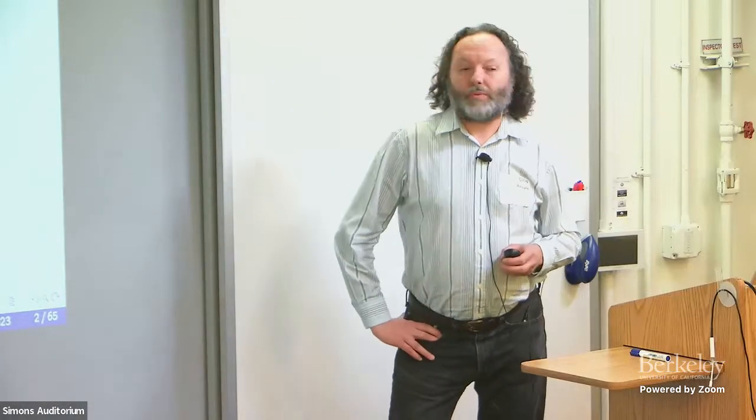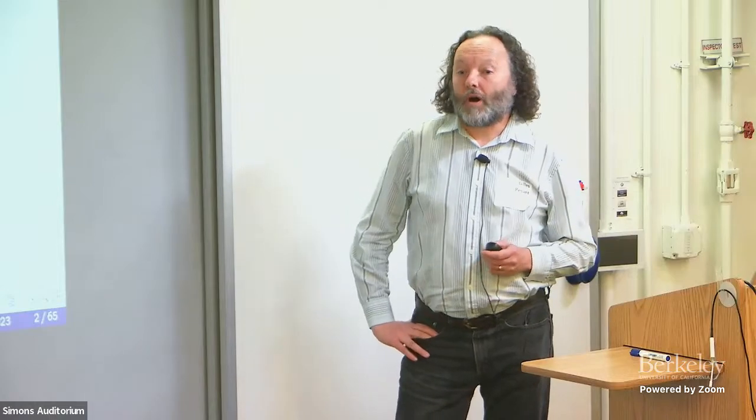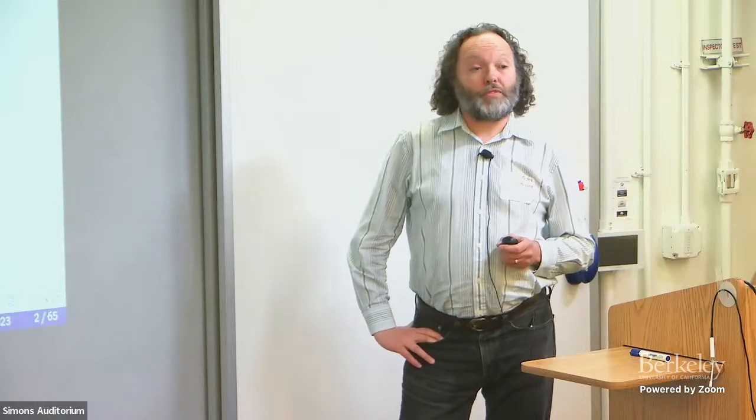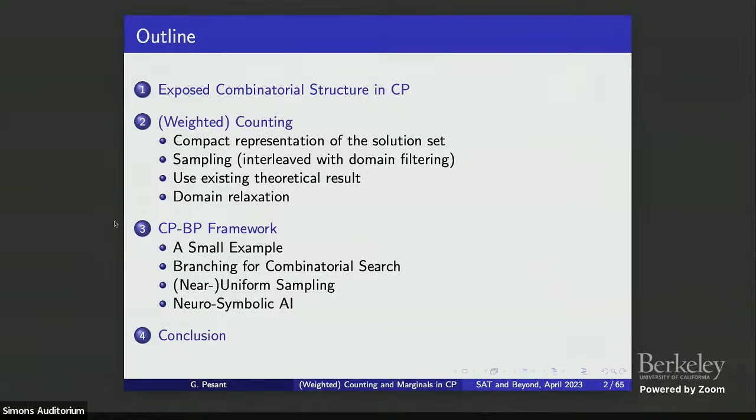So here's the plan of this talk. I'll first, again, make the point that we've got exposed combinatorial structure from the high-level models in CP, and that can be very useful, as Oz mentioned before and argued for. And I'll focus on relatively new things that we can do from that structure, namely counting and weighted counting.